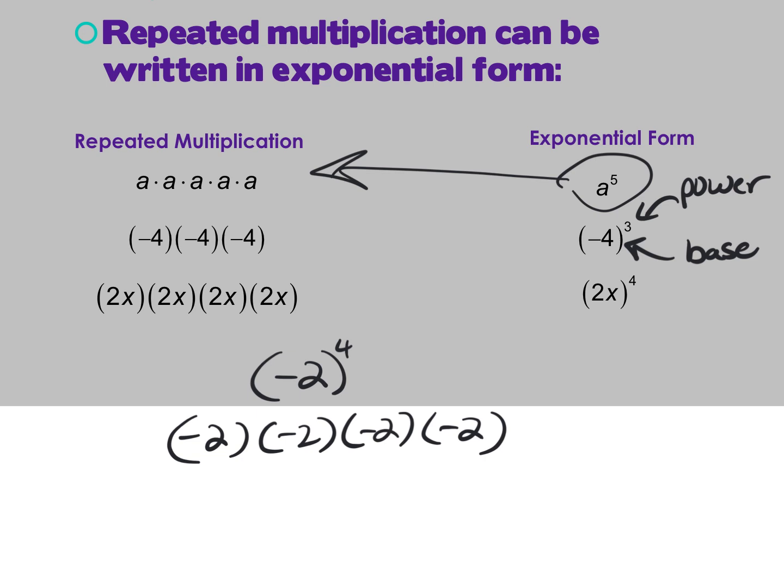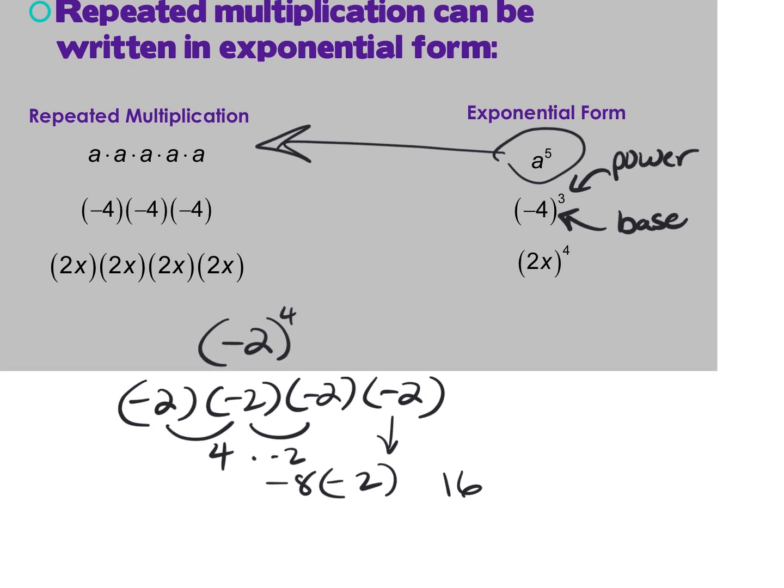Your answer is going to end up being positive because you can take negative 2 times negative 2, positive 4, and then times the negative 2, you get negative 8, but then once you do it again, it becomes a positive 16.